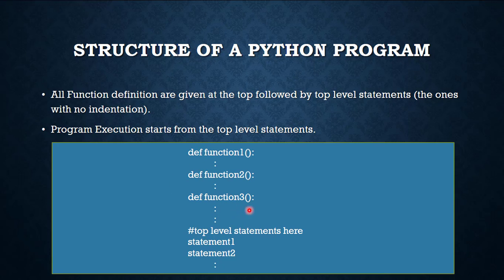When all the function definitions are created, like we are done creating all the functions, then we start writing top level statements. These top level statements are part of the main program, which I have mentioned earlier. These are also known as __main__ statements. Now we will see this structure with the help of a simple Python program.